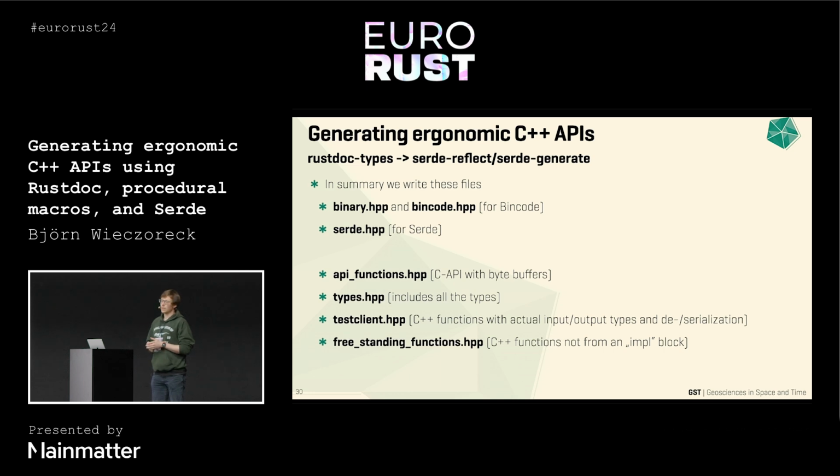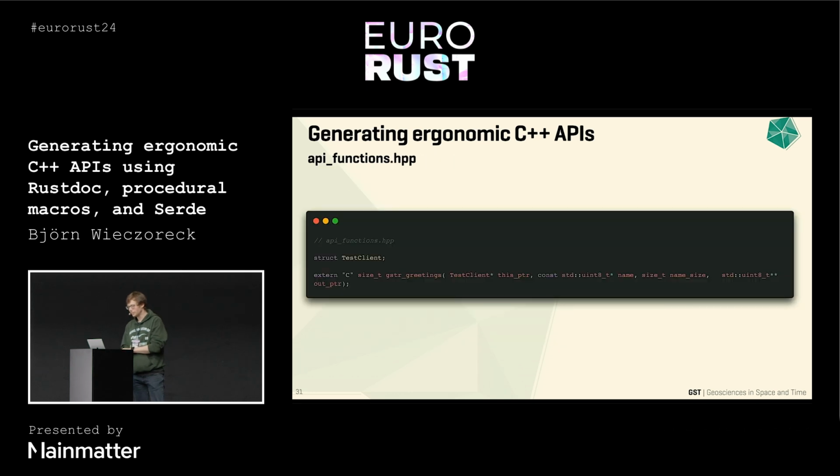And then we create one file for each of these implement blocks that we have, in this case, test client. And in there are all the C++ functions with their actual input and output types again on the C++ side, and the necessary serialization and deserialization code. Any function that's not part of such an implement block will go into the freestanding functions file.